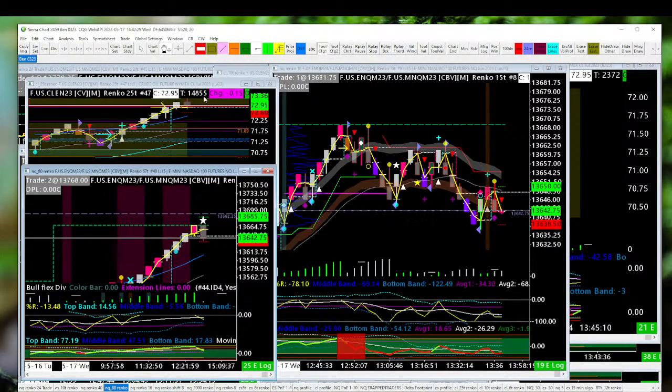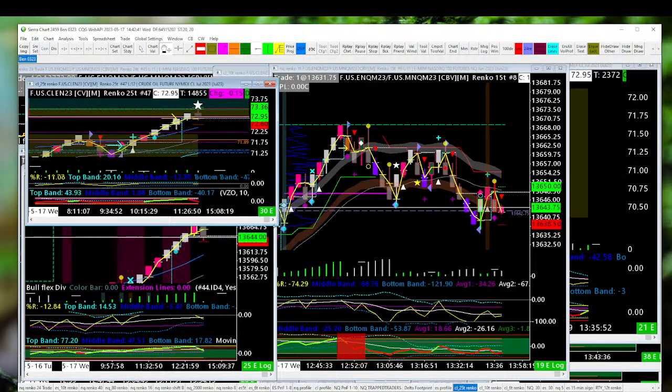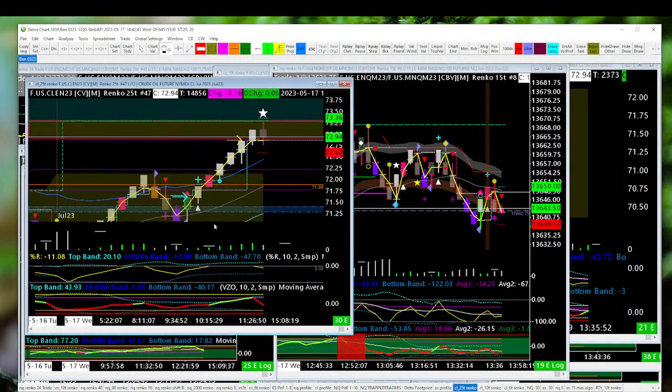You can sometimes get a dip into them that bounces, but if it doesn't touch it, you don't really know if you should accept it as valid or not. So like here on the 24 tick, it got above, but it didn't come back and test it. So if your rule was that it needs to test it before I get long, then for the last 3 hours or 2 hours, you haven't really been doing anything, which is fine.